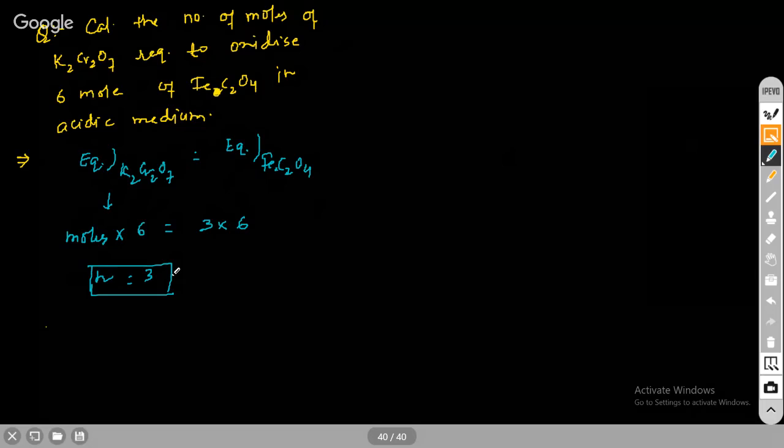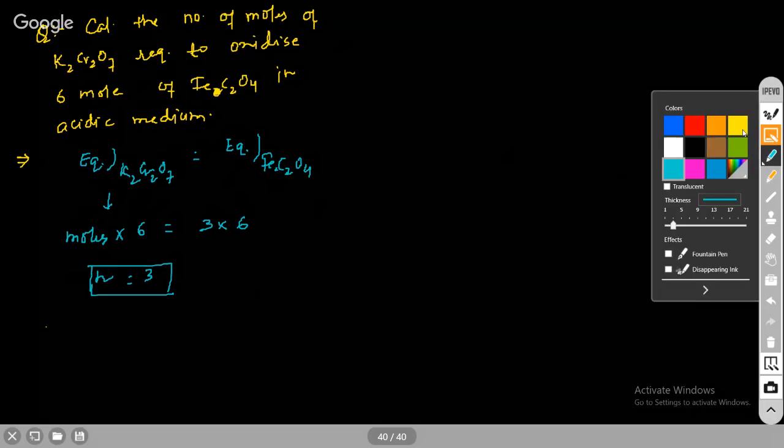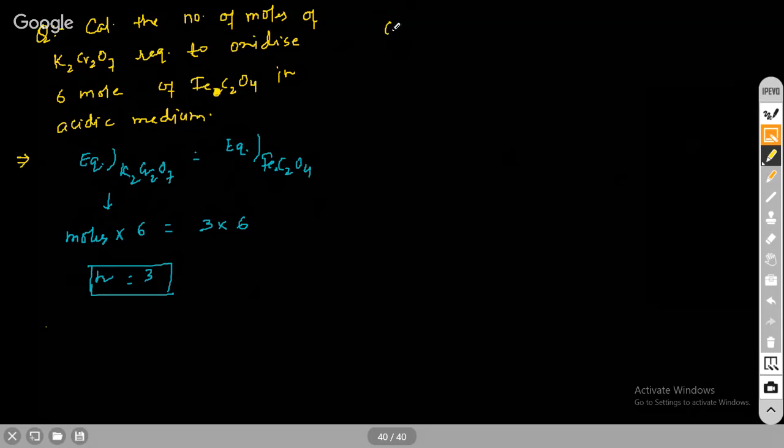Next one, write down. Calculate the normality of H2SO4 for three conditions I have here. Very basic question, formula based.